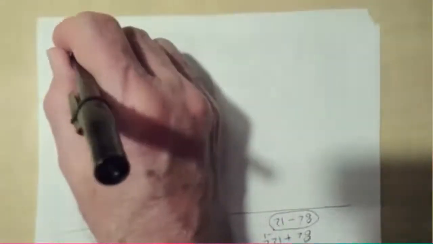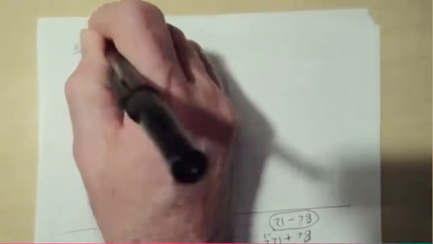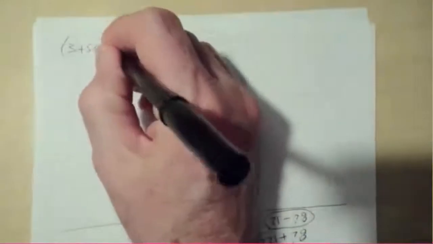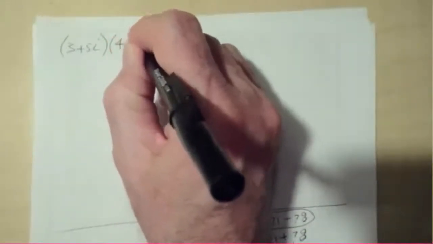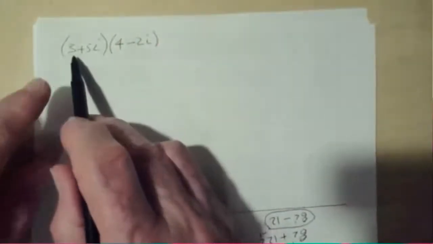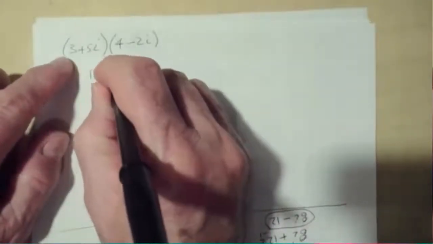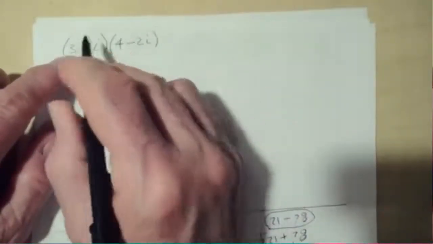Well, let's do one of these. This is not going to be on the file, but it's a good manipulation of the i's. 3 plus 5i times 4 minus 2i.